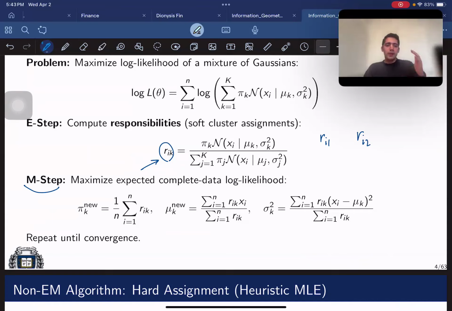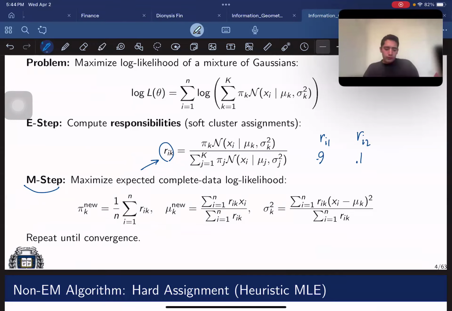I start from a soft estimation. So there is 0.9 probability that data point 1 is coming from the first distribution, and there is 0.1 probability that it is coming from the second distribution. And it's given by this formula.